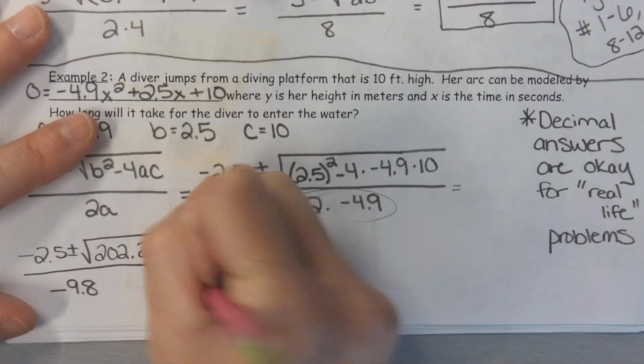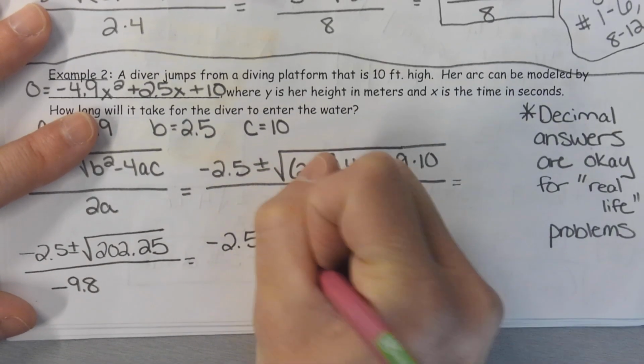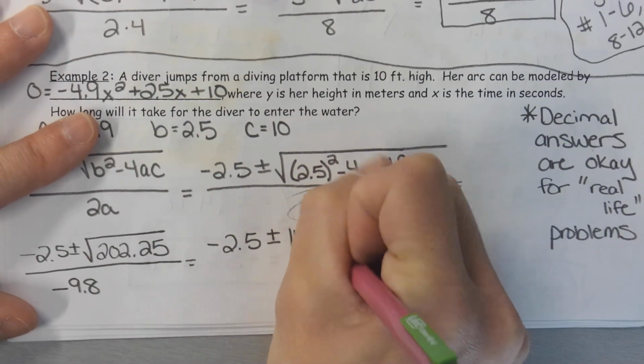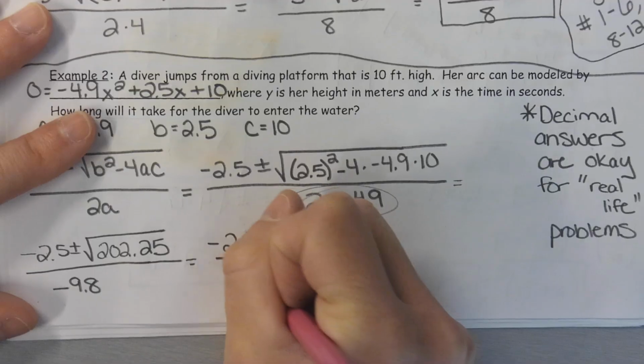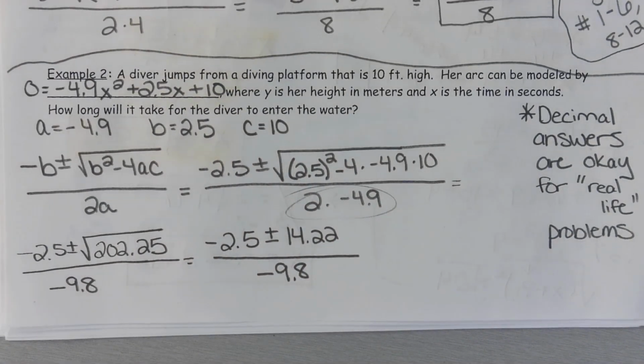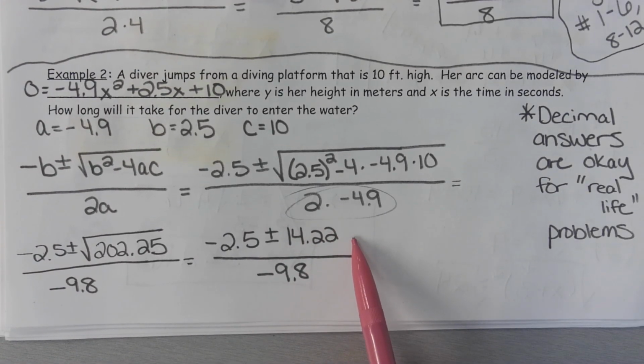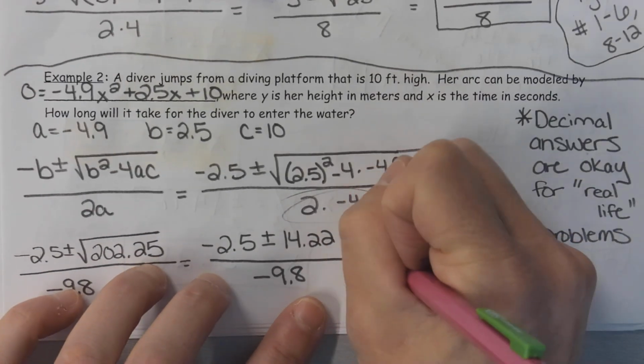We really did not like that decimal. Okay, negative 2.5 plus minus 14.22. By the way, when we are working in decimal land, I like 2 spots after the decimal as my go-to. And make sure you round, right? So you're cutting off here, but if the next number had been like 8, we would need to round up.